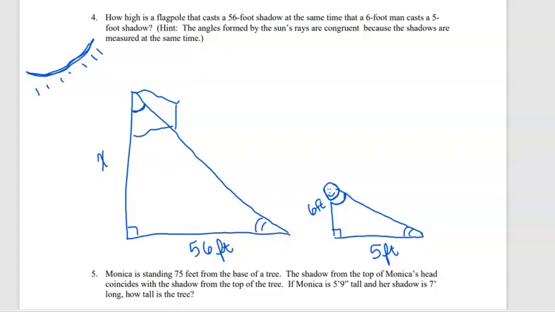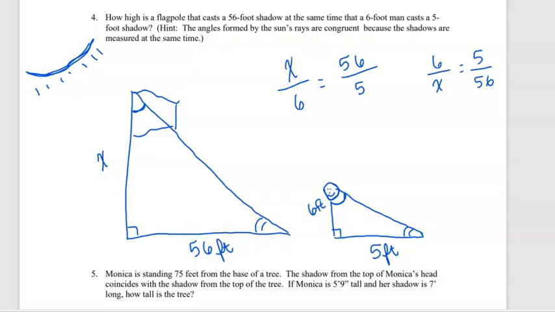There are multiple ways to set up the proportion, and I'll show you a couple, but x corresponds to 6. Those are both the height. And 56 corresponds to 5. Those are both the shadows. But some people set the proportions up differently. You could do 6 over x equals 5 over 56, and that would give you the exact same thing.